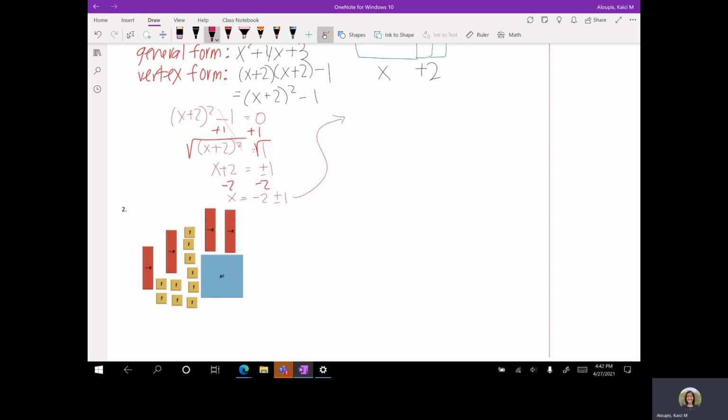I'm going to split it. x is equal to negative 2 plus 1, and x is equal to negative 2 minus 1. Negative 2 plus 1 is negative 1. Negative 2 minus 1 is negative 3. And those are my two solutions for that problem there.